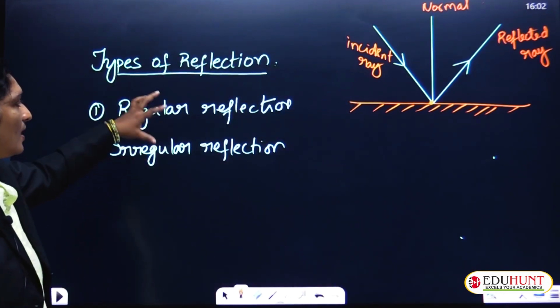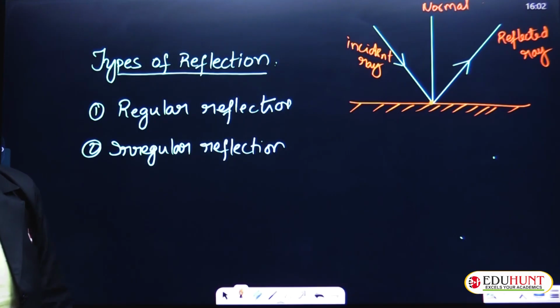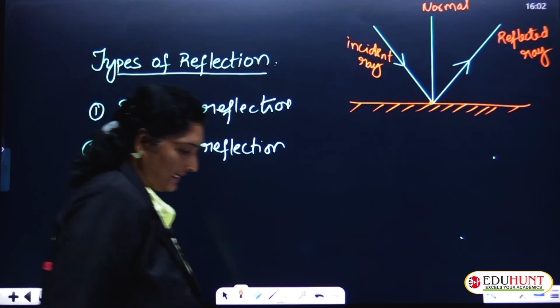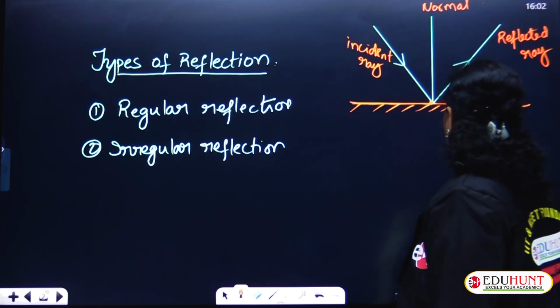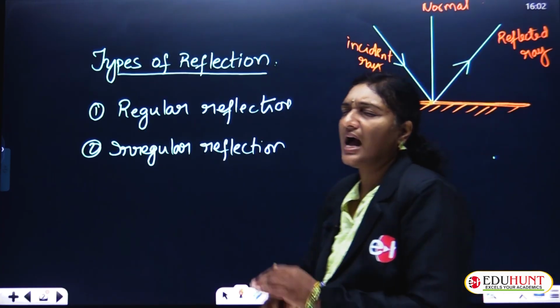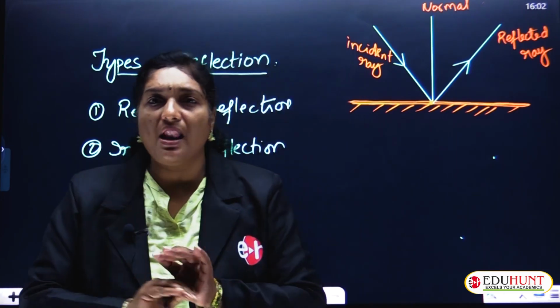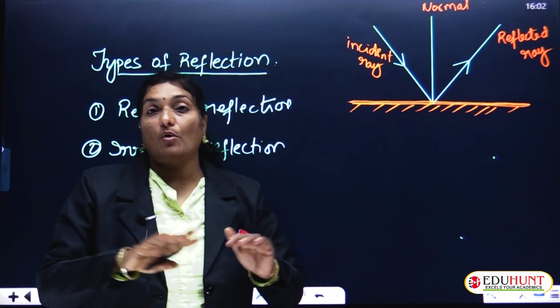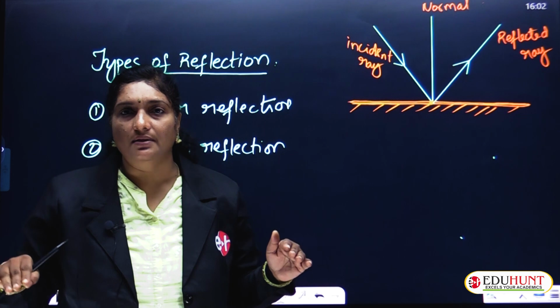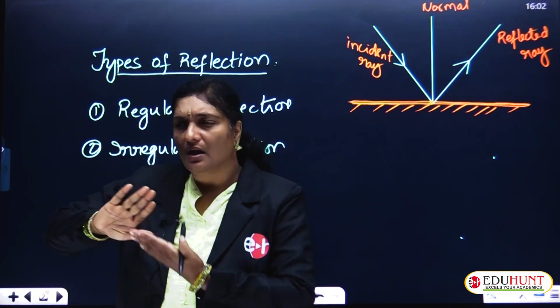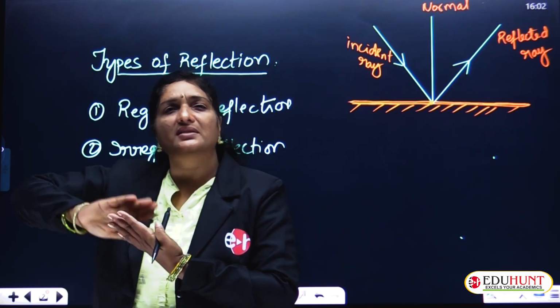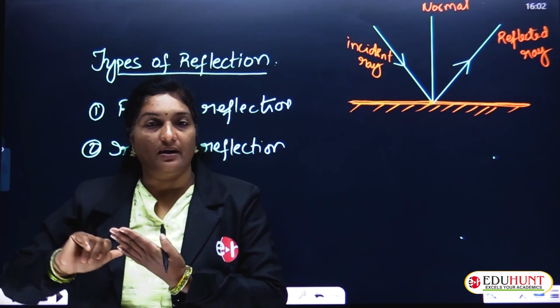Now, let us try to understand what makes the difference between a regular reflection and an irregular reflection. Consider a surface that is highly polished and very smooth, just like the surface of a mirror.